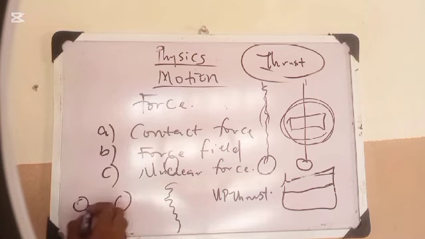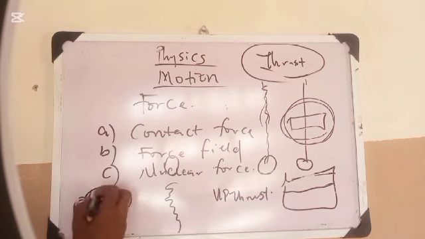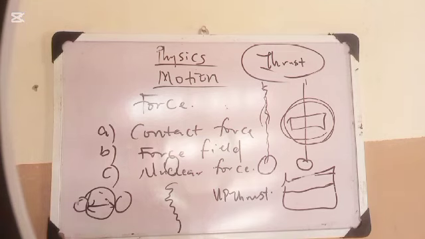Even when the magnet and the iron are at a distance, there is a force attracting them. So within this region, you have a force that is attracting it. That type of force field is called the magnetic force field.